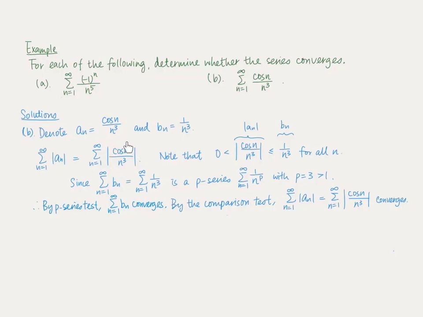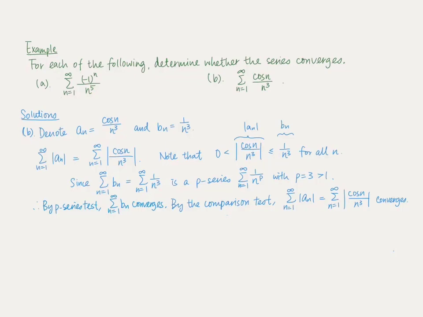These terms are all positive values, and since cosine n takes values between -1 and +1, the absolute value of cosine n takes values from 0 to 1. Therefore, the absolute value of an is always less than or equal to bn, which is 1 over n cubed, for all n.